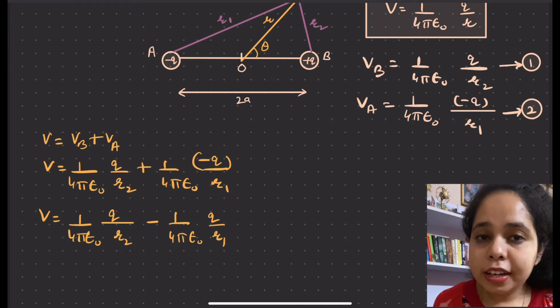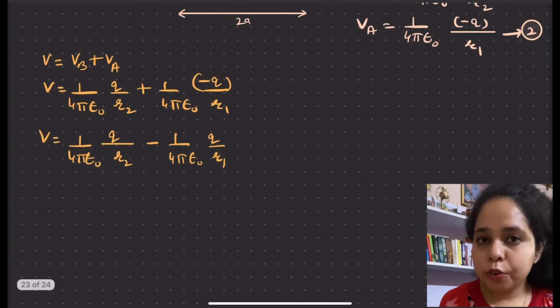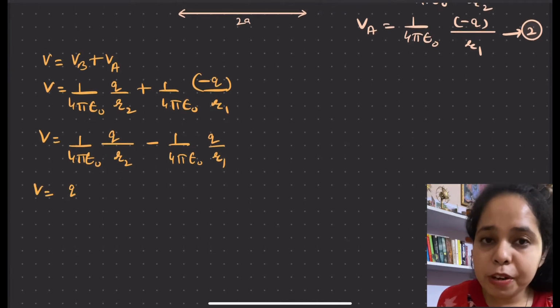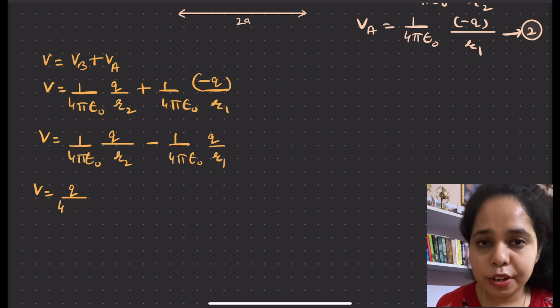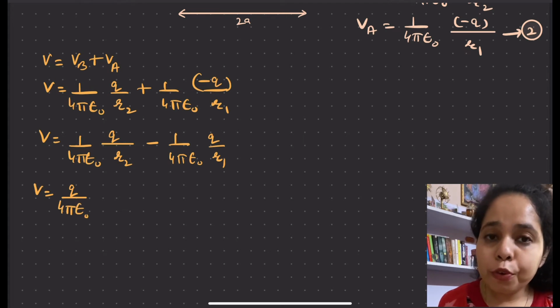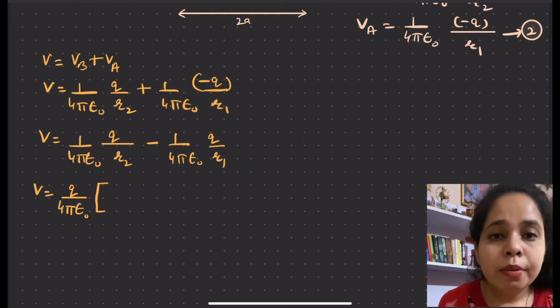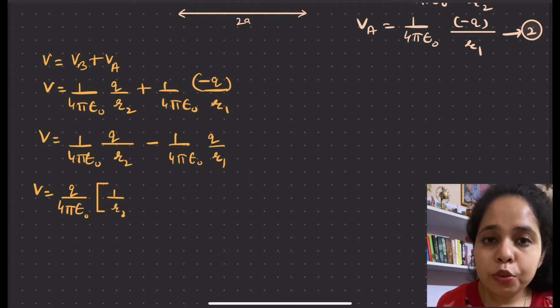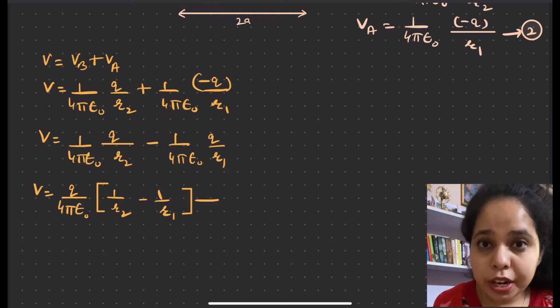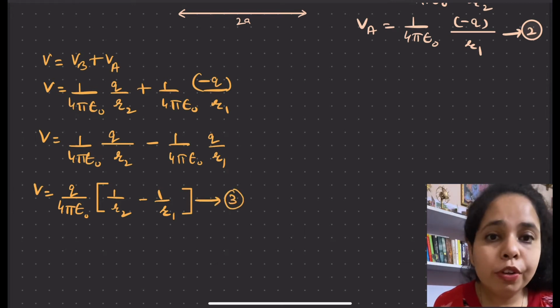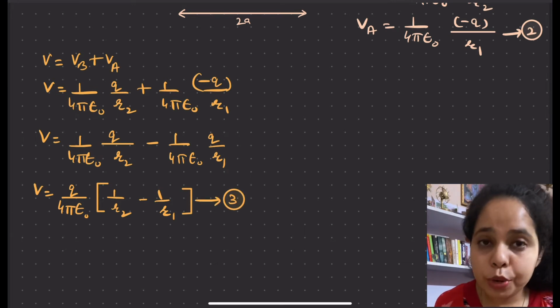Now let us take q upon 4 pi epsilon naught common, and we are left with the simplified equation, that is V is equal to 1 upon 4 pi epsilon naught q multiplied by 1 upon r2 minus 1 upon r1. Let us mark this equation as equation number 3 because we further need to solve this equation.